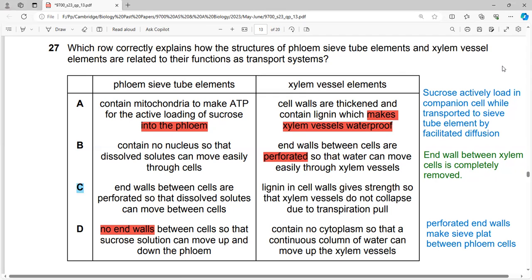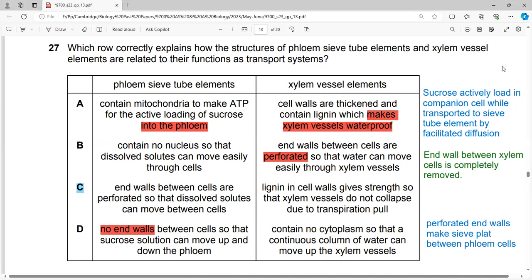But from the companion cell to the phloem sieve tube element, this is by facilitated diffusion, and facilitated diffusion is not using ATP. So that's why this ATP, which is being produced in the sieve tube element, is not directly used for active transport. So that option might be wrong in this way. Second is what?